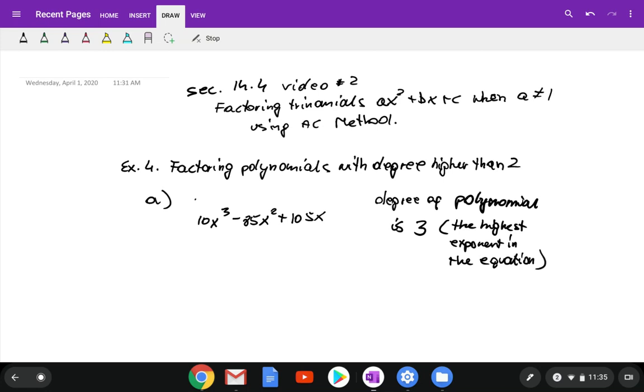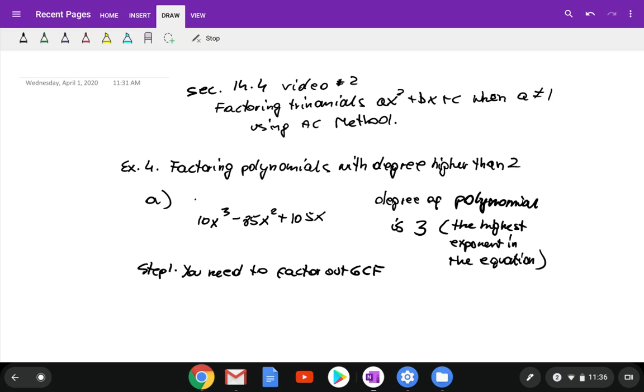So what we will need to do with problems like that, you will need to factor out GCF in order to get the remaining factor in the form ax squared plus bx plus c. So step 1, you need to factor out greatest common factor, because we don't know how to factor this one.